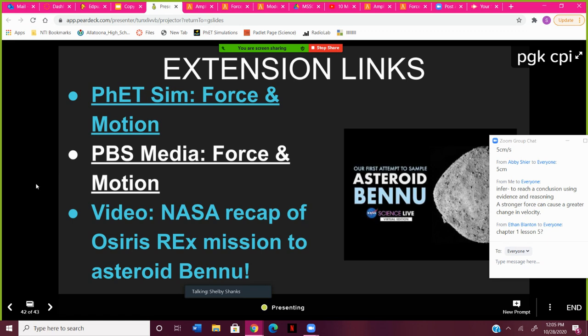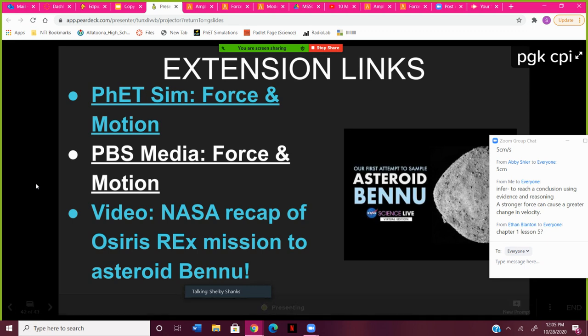I think I did tell you last week that NASA is going on a mission to an asteroid called Bennu. They are getting some samples from the asteroid, which is really neat because we are doing this unit at the same time.